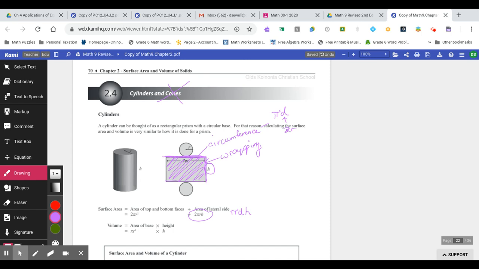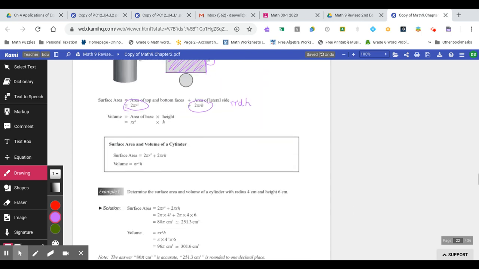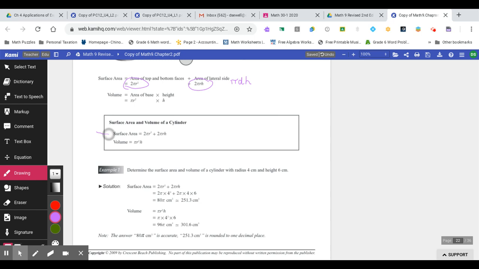So the 2 pi r squared, that's the area of a circle. You have to recall that the area of a circle is pi r squared, and you have 2 of them in this case. So we have 2 pi r squared, and then we add the lateral side, or the wrapping portion, which is the rectangle, which is length times width. We don't need to talk about volume. So there's the formula if you want a formula, but you do need to understand what the 2's stand for.